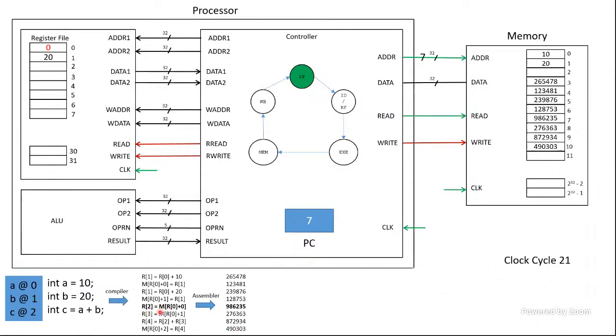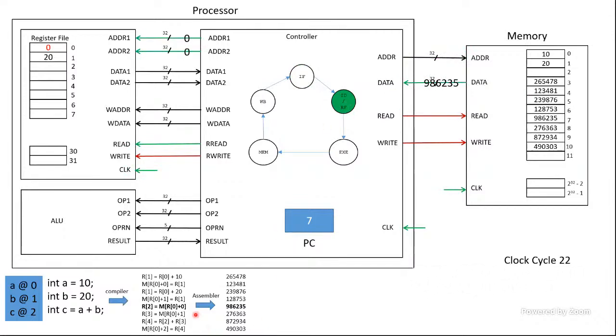Now it tries to read from memory location 0 and bring it into R2. So a similar thing happens. Instruction fetch is fetching the next instruction from memory. Then in the next clock cycle, your instruction machine code comes into the controller.